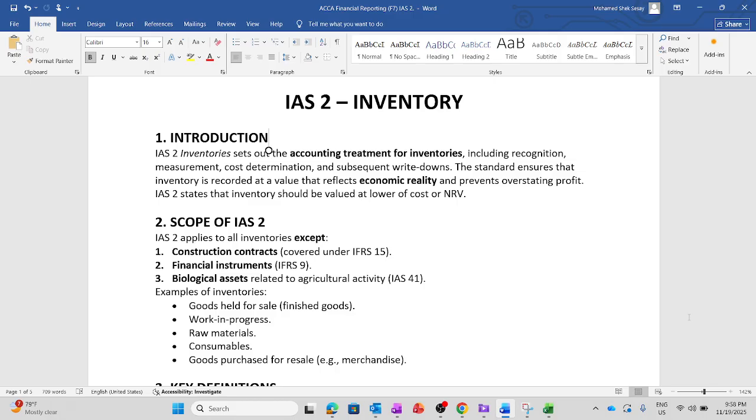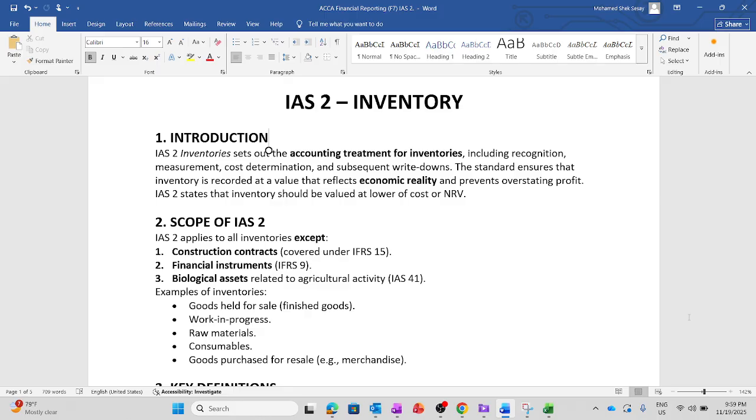However, we have other revenue streams which are not tangible, but we can still use them to recognize revenue. At the same time, they can be inventory and they cannot be inventory. For instance, an audit firm does not sell any physical goods.